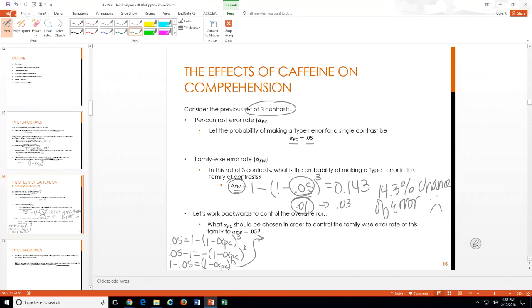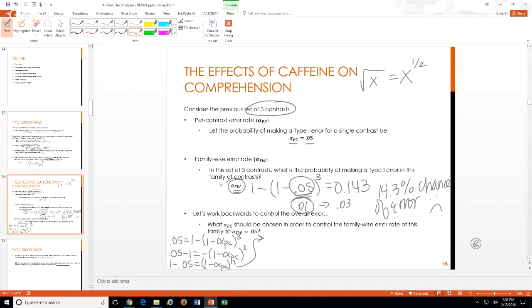So the cube root, right? And did y'all know that if you take the square root of x, that's the same thing as raising x to the 1/2 power?